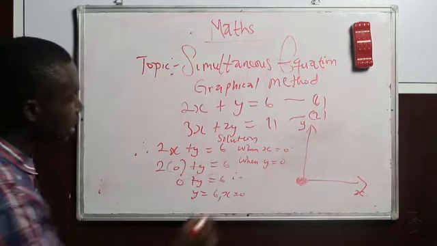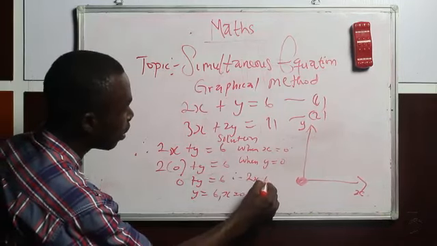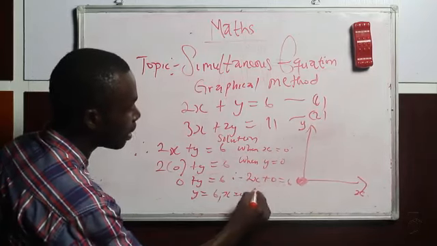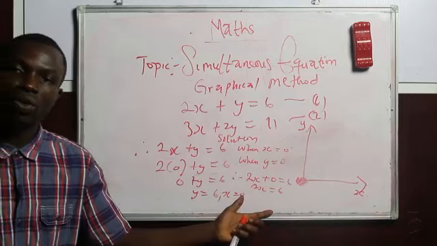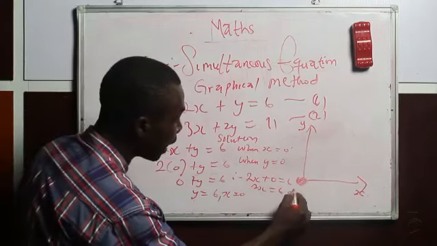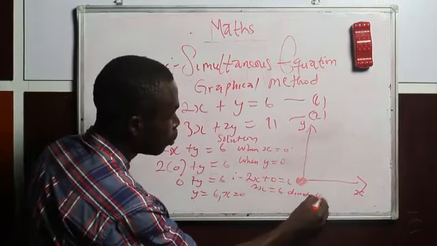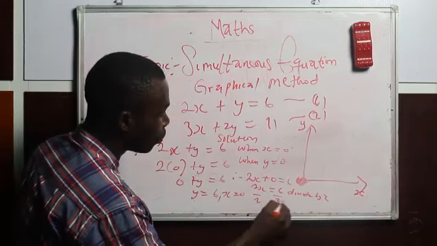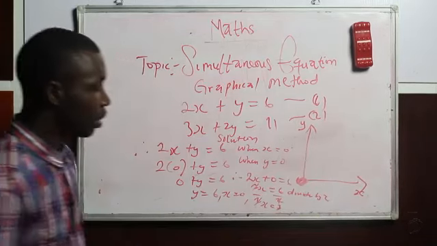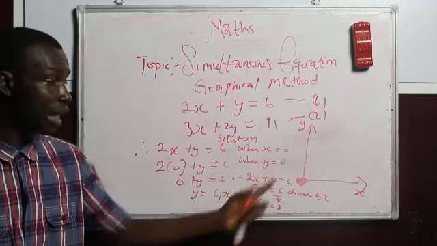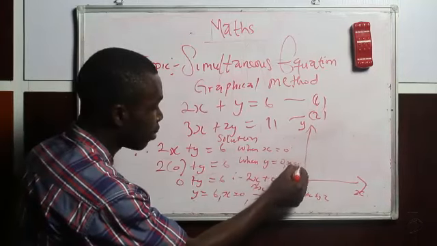When y equal to 0, we have 2x plus 0 equal to 6, so 2x is equal to 6. Then how do we find this unknown variable? Divide both sides by 2. 2 over 2 is 1, so x is equal to 3. So when y equal to 0, our x is equal to 3.